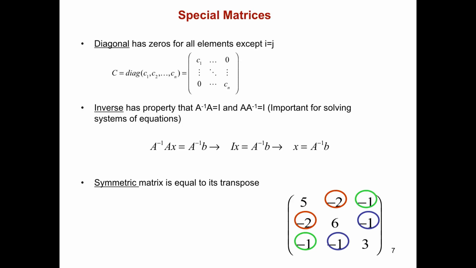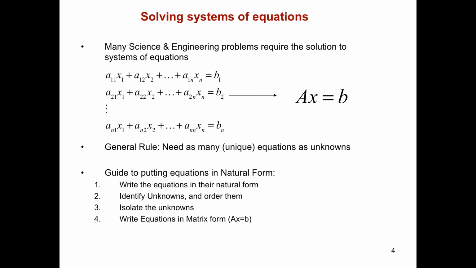And then there are some special matrices that we will mention in the process. So one is a diagonal matrix. That is a very simple system where I have coefficients only along the diagonal. So if I go back to a system of equations here, that means I would have only a11 x1 equal to b1, a22 x2 equal to b2, all the way to ann xn equal to bn.